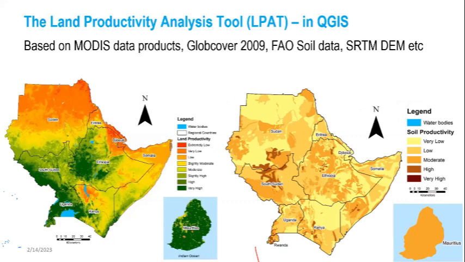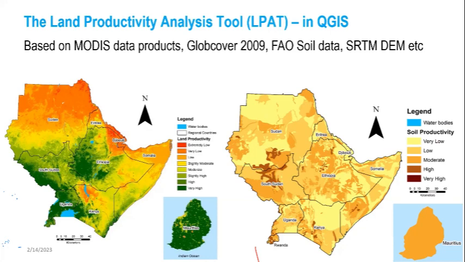As you can see on the first map, we can already know which areas are highly productive and those that are with low productivity. This is all based on the various datasets we used, and the main Earth observation datasets we used were from MODIS. We also used GlobCover 2009 products. We also obtained datasets from FAO, especially regarding the soils.